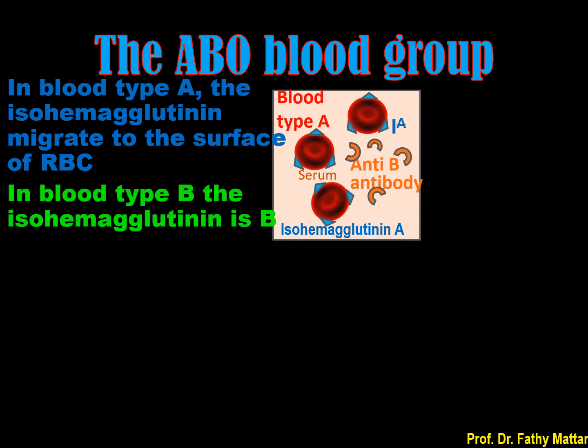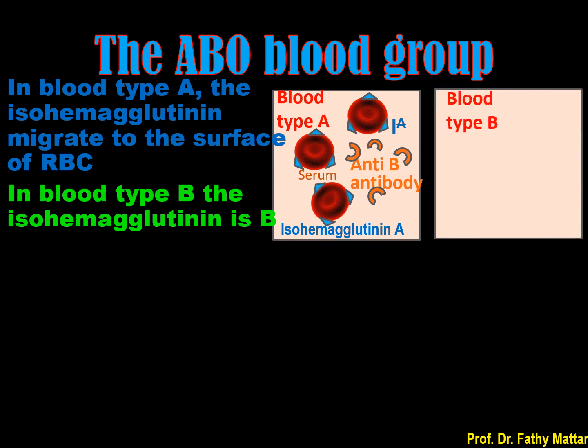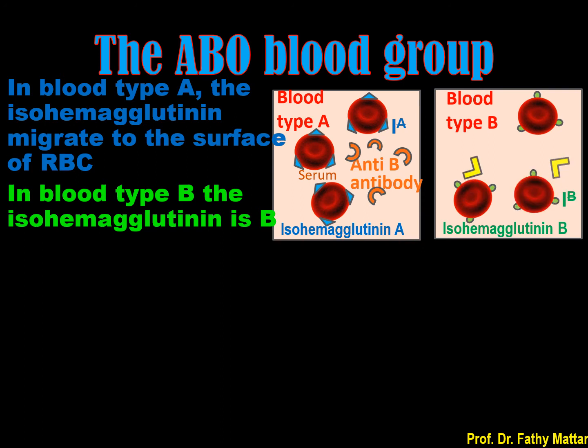In the case of blood type B, the isohemagglutinin on the surface of the RBCs is isohemagglutinin B, and the serum contains anti-A antibodies.